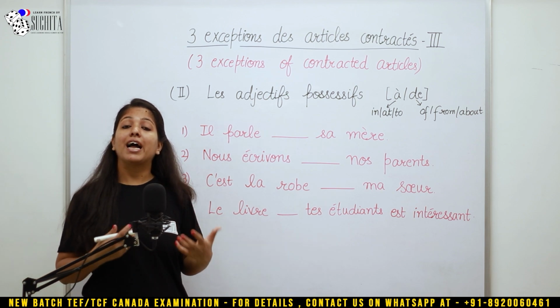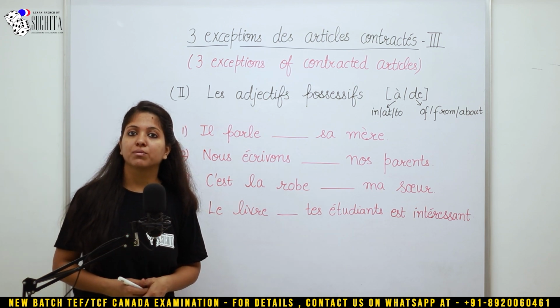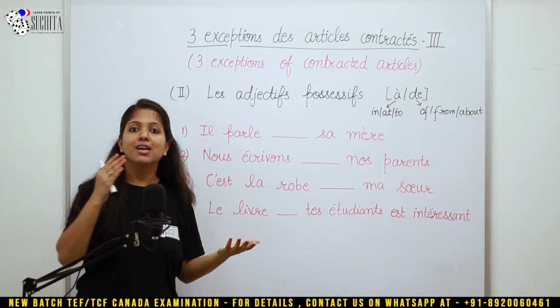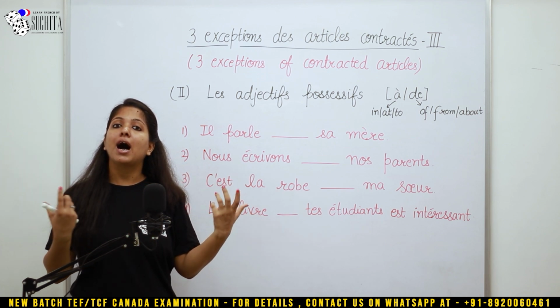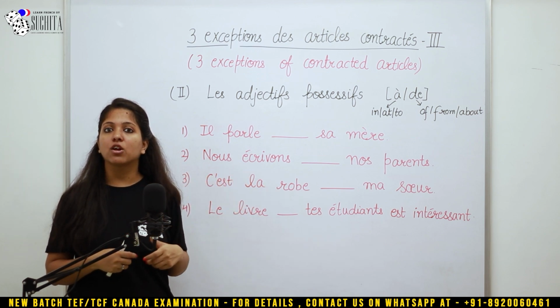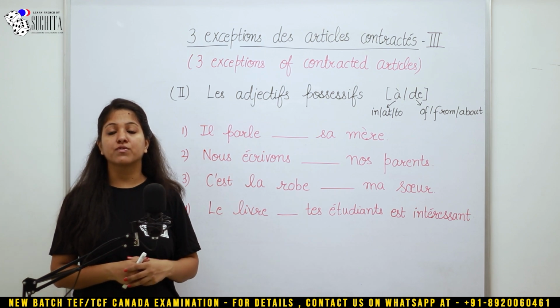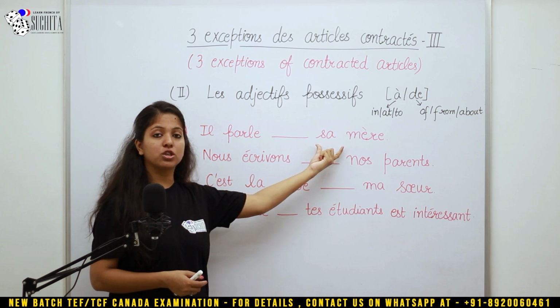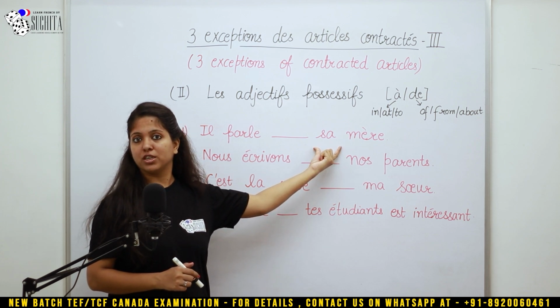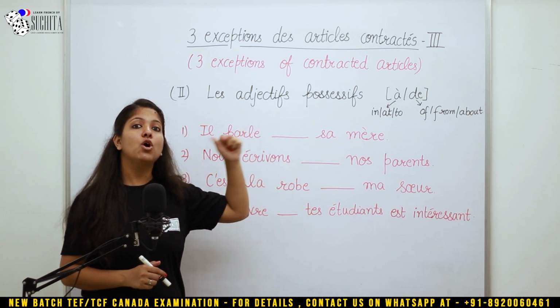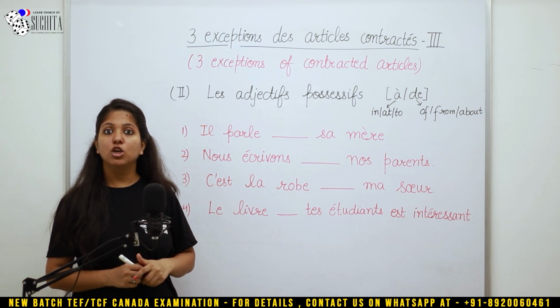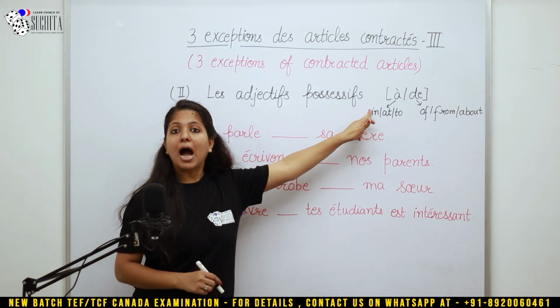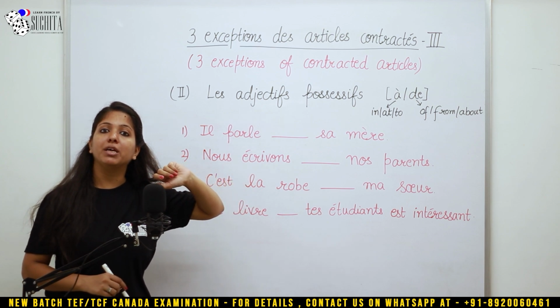That means the adjectives which show possession: my, your, his, her, our, your, their. All these are possessive adjectives. So, if the word next to the dash is a possessive adjective, then also you do not use the contracted articles. You will simply use à or de, depending upon the meaning.